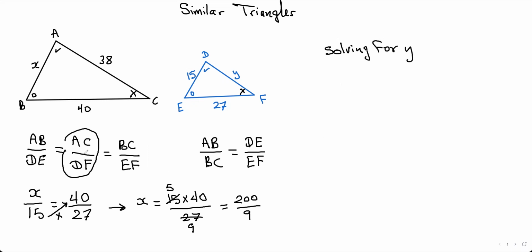So we have AC, which is 38, over DF, which is y. That's what we're looking for, equals, we're going to use BC over EF because we already know what that is. That's 40 over 27.